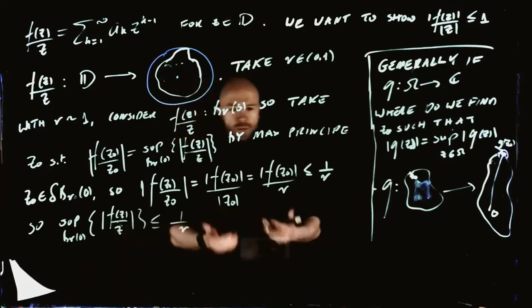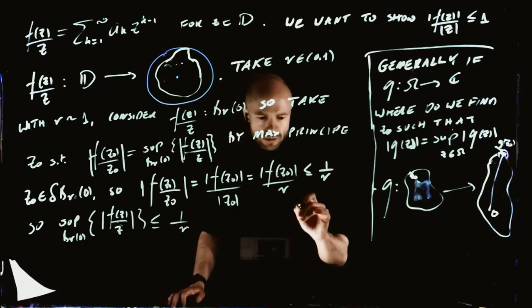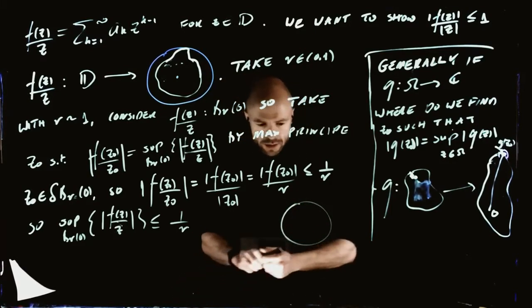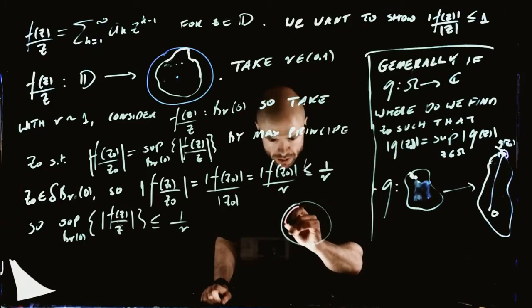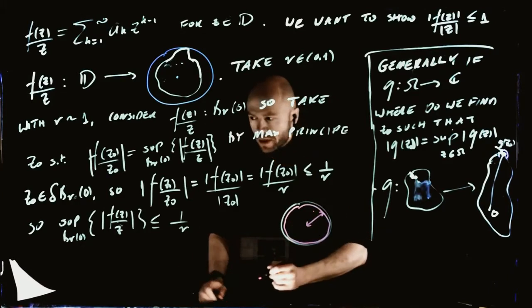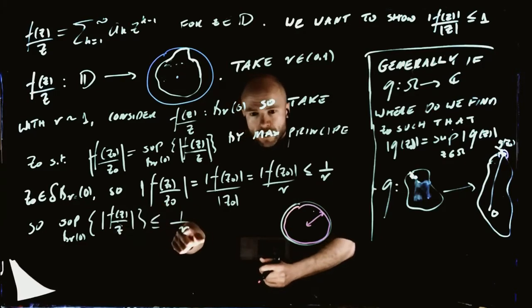And we're taking r to be very close to 1. So it's not quite what we want, but very nearly. We've shown that if we are slightly inside, with this ball of radius r, then the expression we're trying to control, f of z over z, is bounded by 1 over r.